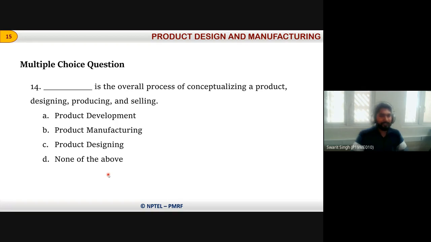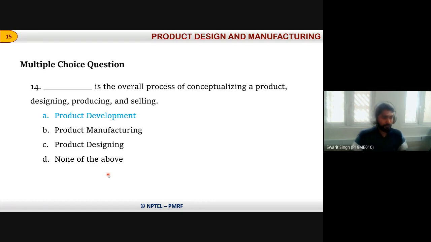Product life cycle. I think there is some confusion. It is product life cycle management. From conceptualization of the product to designing, producing and selling, this all comes under product development.